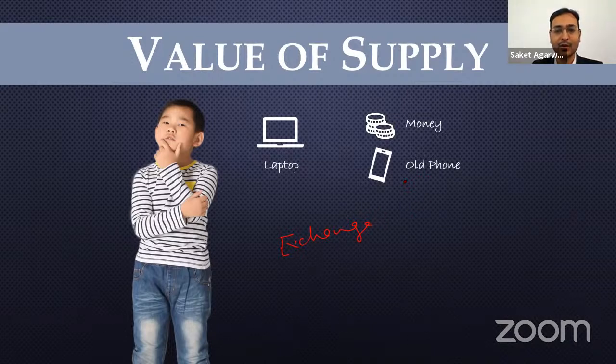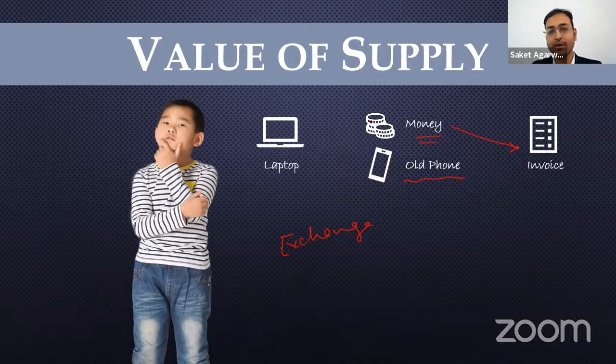The buyer is allowed to give his old phone, along with that some money to buy a new laptop. When the invoice is issued in this situation, the invoice will only contain the amount which has to be paid in money.